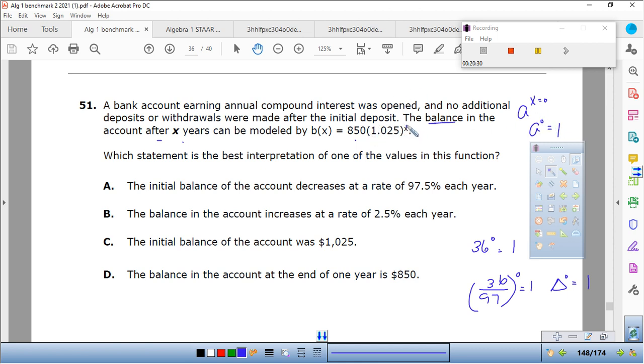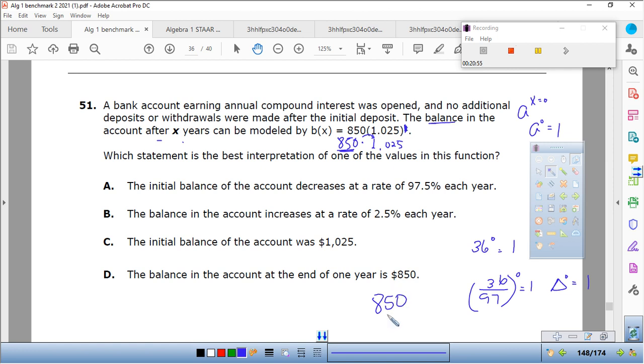So when I have 1, it's been there for 1 year. What does this show me here, guys? This shows me numbers. Make sure you understand what numbers mean. It means 850 times 1.025. Okay, what is 1.025? The 1 means give me 850 back.